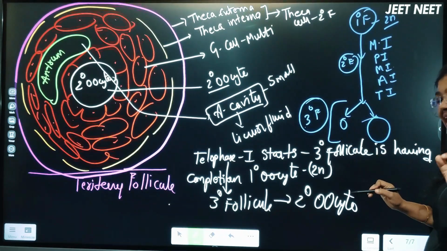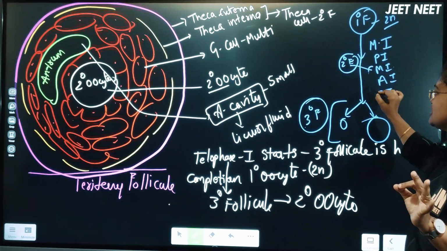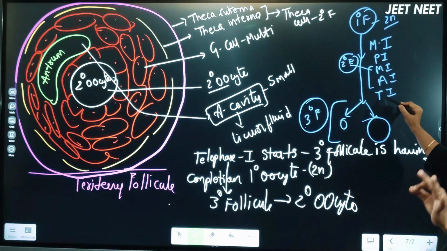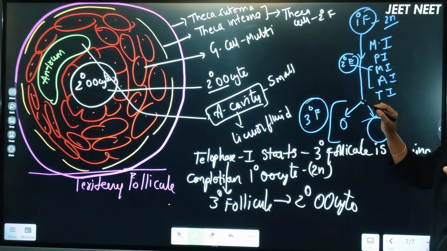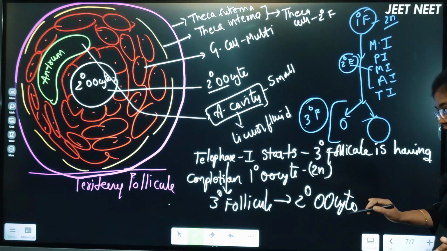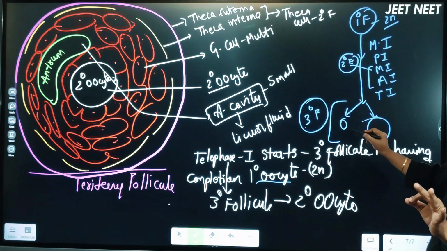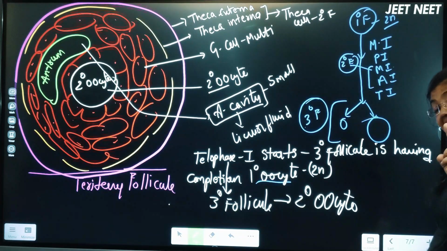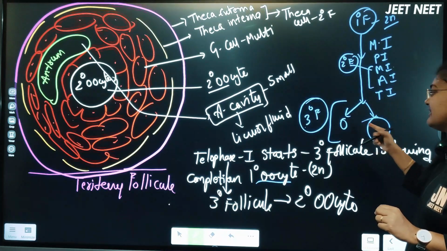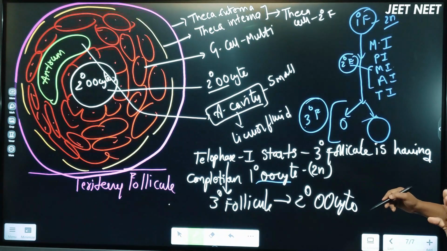Metaphase 1 and anaphase 1 have which structure? Secondary follicle. Once telophase 1 starts in the tertiary follicle, it will have a primary oocyte only, but after the completion it will have which oocyte? Secondary oocyte, because telophase 1 is completed and two cells form here.